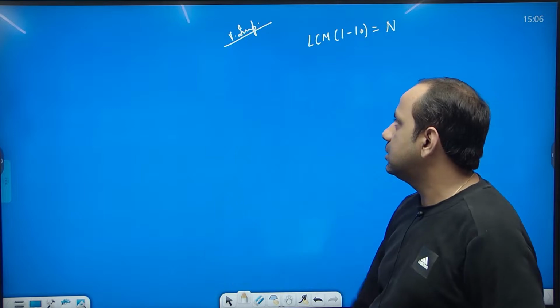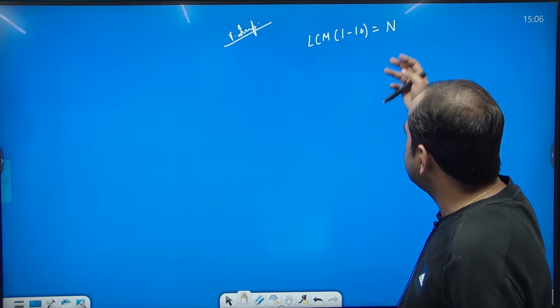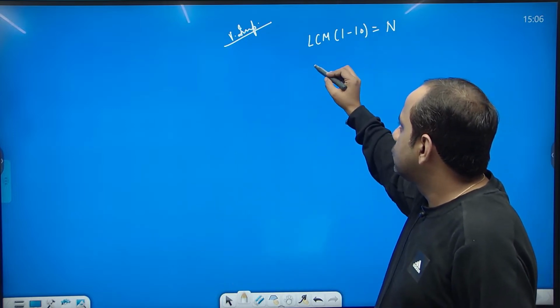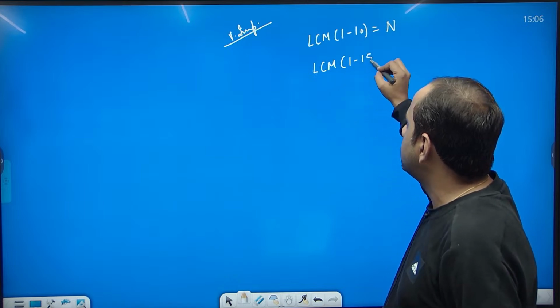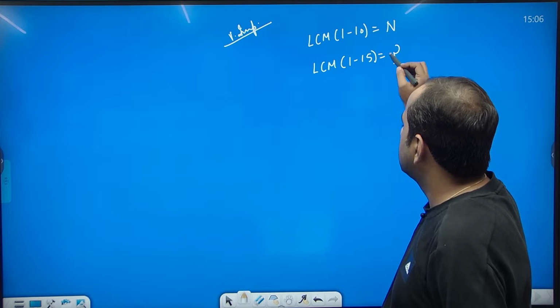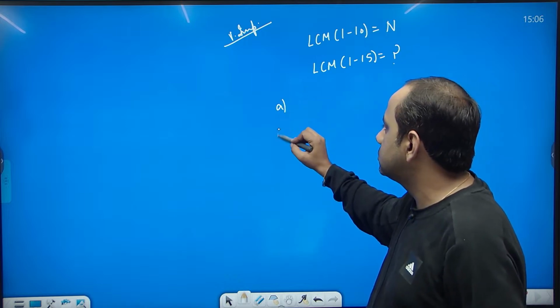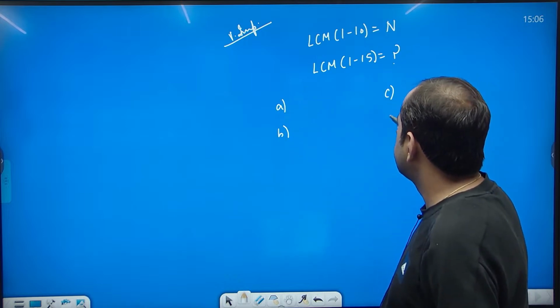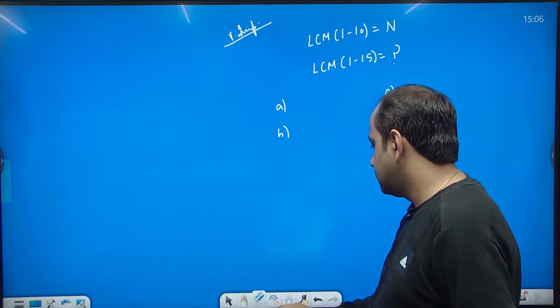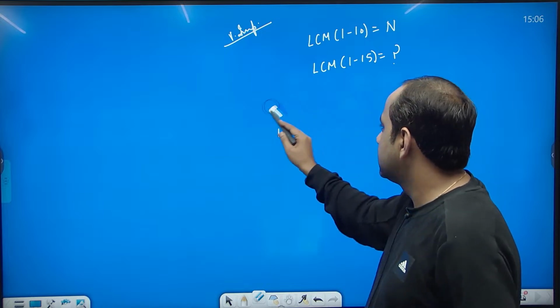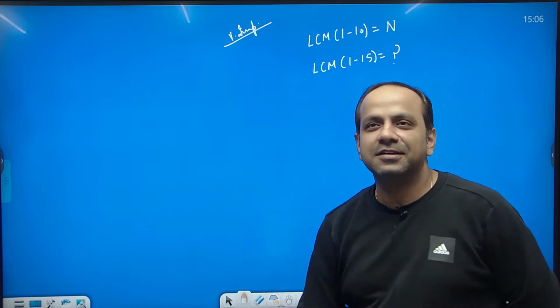I don't know what is the LCM. I say this is n. So you have to tell me what will be the LCM of numbers from 1 to 15. Okay, let me give you options also. No, I will not give you options. पता चल जाएगा. Try this. Give it a try.